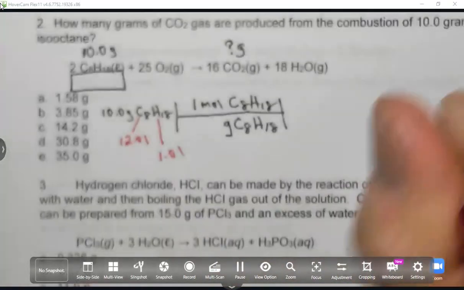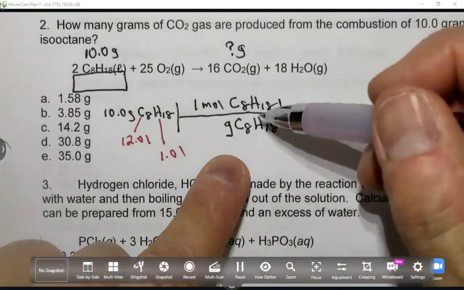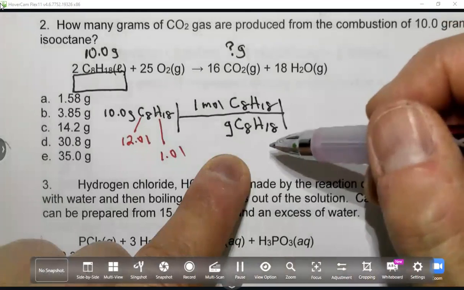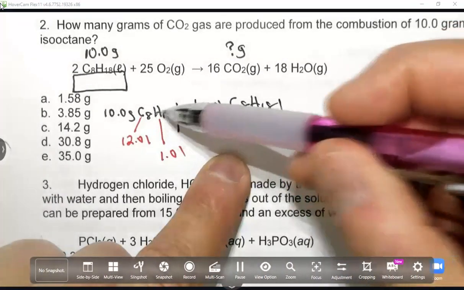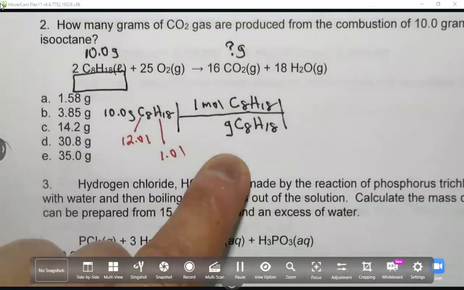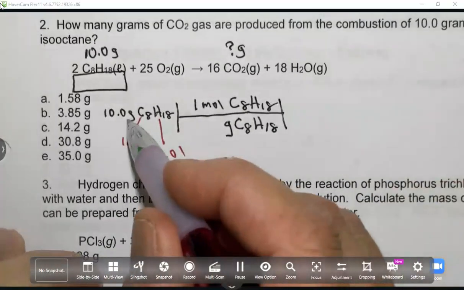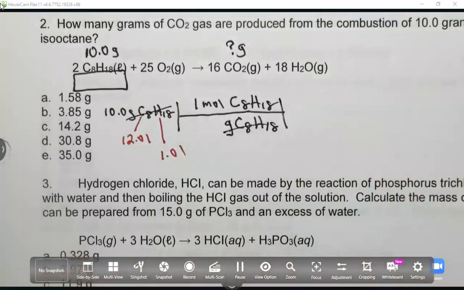Now, please write all of this down. I've looked at exams before and the scores are not good. And I look at it, there isn't 1 unit written down. Not 1. Please write down the units. You know that this is going to cancel out then.